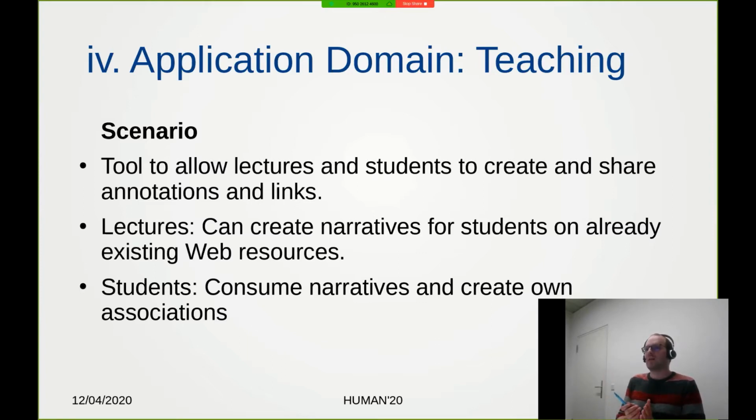And the lecturer can create trails from them. So he's able to create links to web content that is not owned by him, and students can follow these links. And they, of course, can use the plugin to create their own associations between web resources.